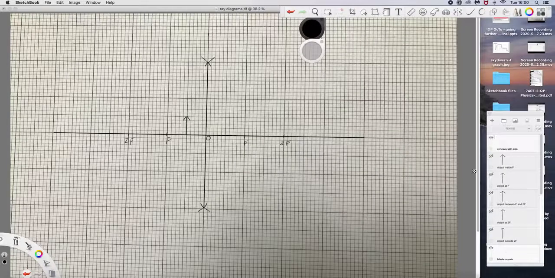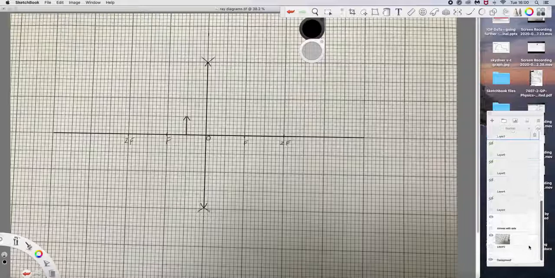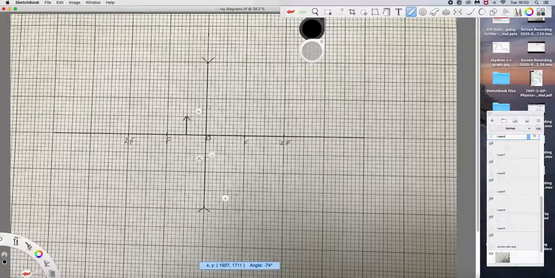So here we have our concave lens. Let me just get rid of my convex lens because that's in there too. So there's my concave lens, and here I have my object. Now, I didn't talk about special rays for this one, should have done really, but they kind of make sense.